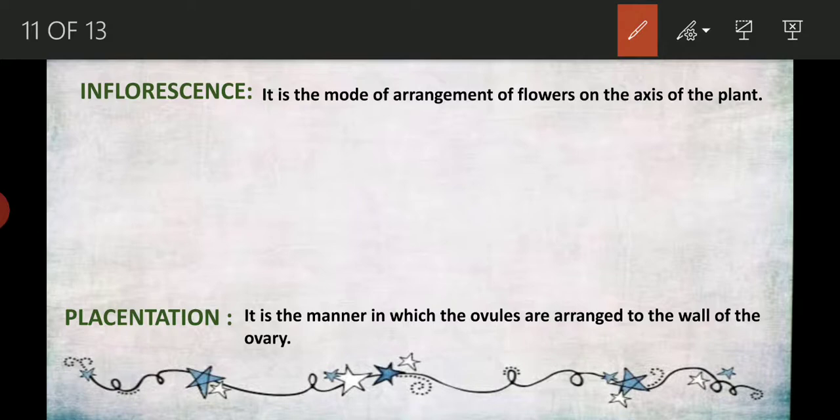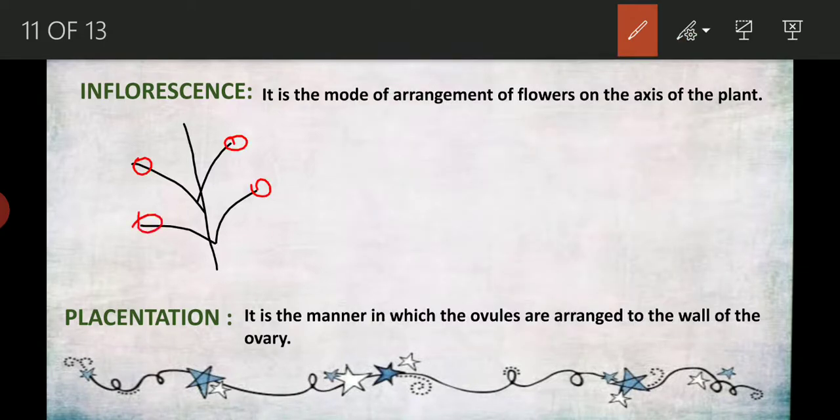So the manner of that arrangement is known as inflorescence. Suppose this is a plant.